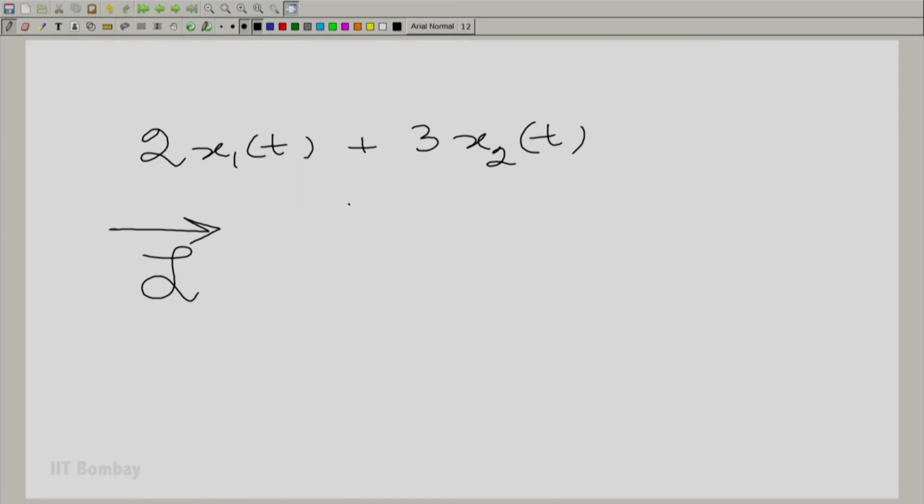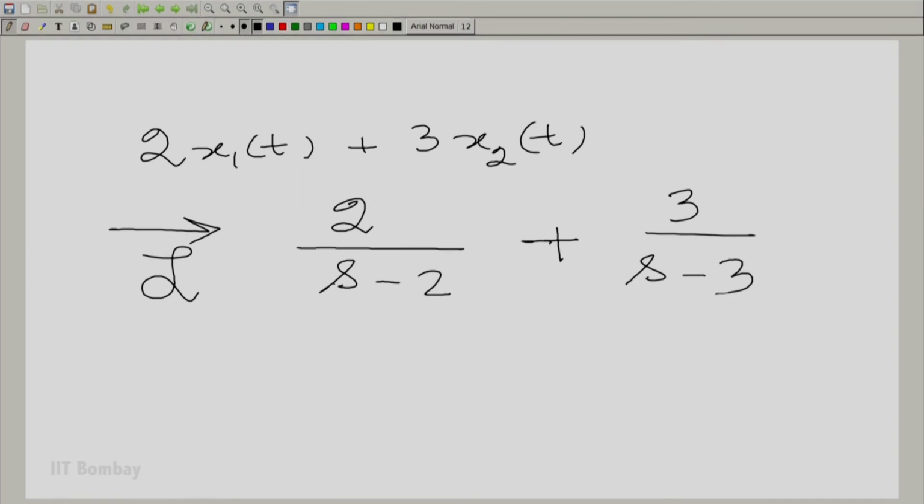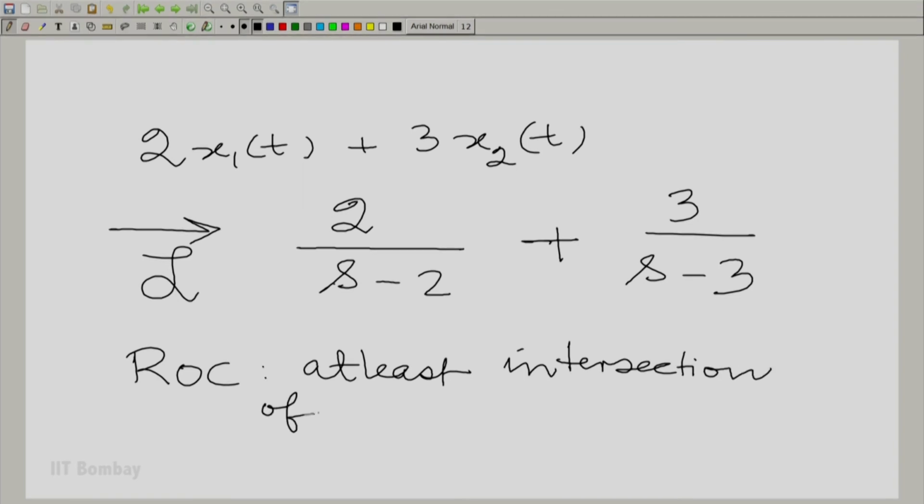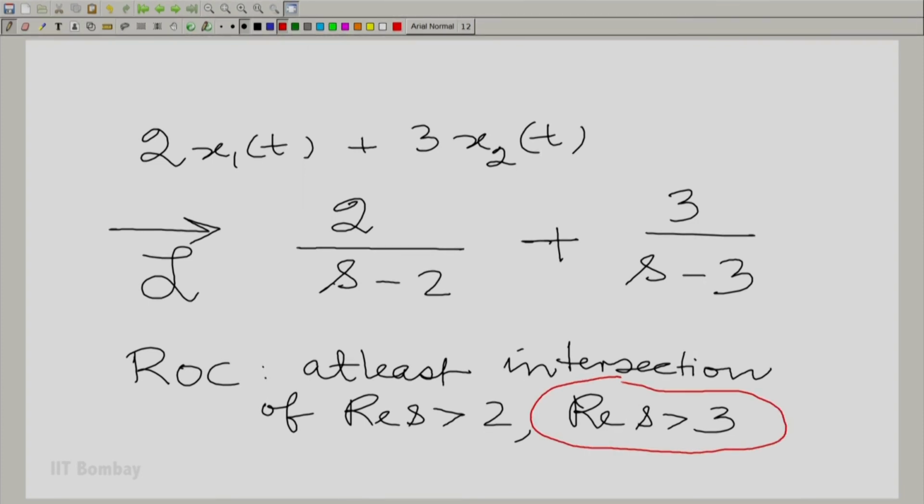The Laplace transform would of course be, according to this principle that we have derived, 2 by s minus 2 plus 3 by s minus 3, and of course, the ROC is at least the intersection of real part of s greater than 2 and real part of s greater than 3, which is of course the second term, is it not? The intersection is essentially the real part of s greater than 3, and this also happens to be the ROC here. That can be verified.